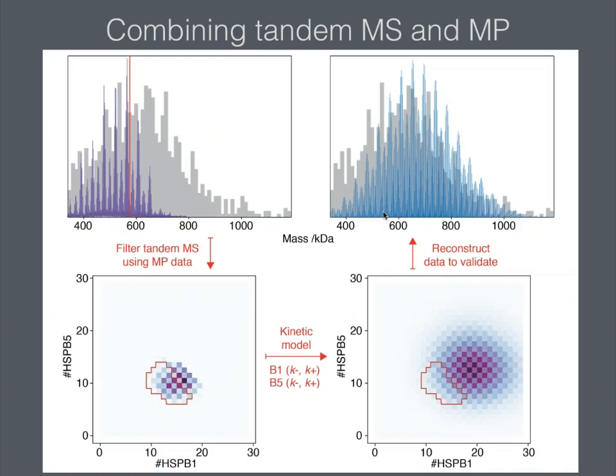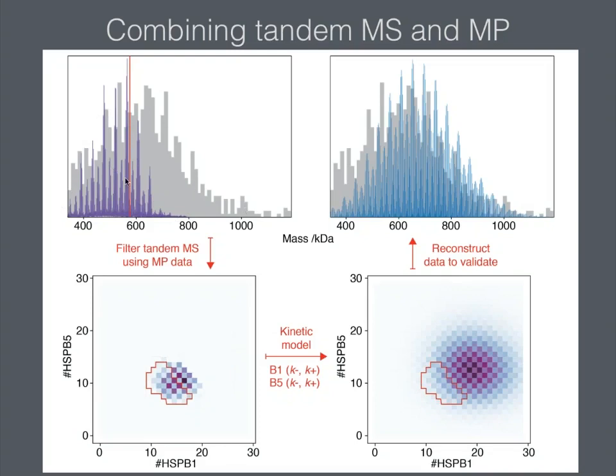So this is a rather full slide, but I'm going to try and take you through it in some detail. The mass distribution I showed you before that we obtained from native mass spectrometry is in purple, and the mass photometry distribution is in gray in the background.